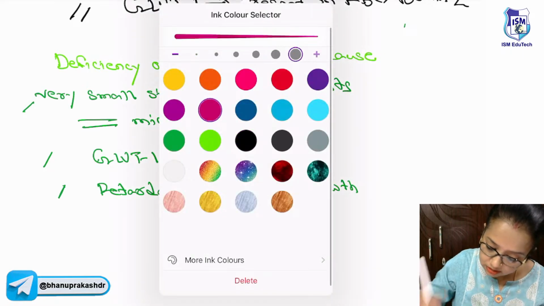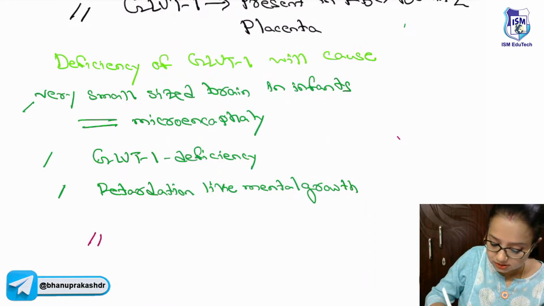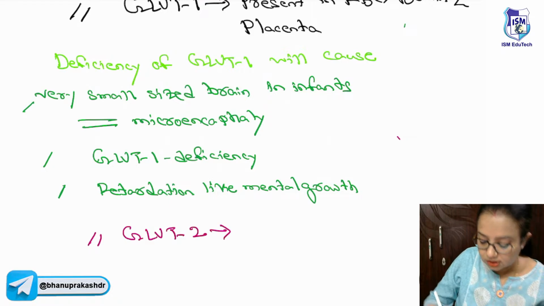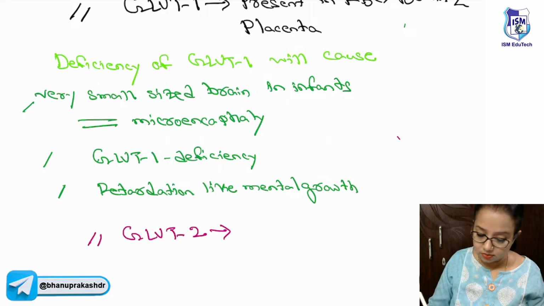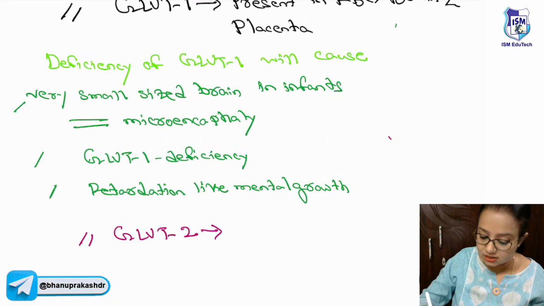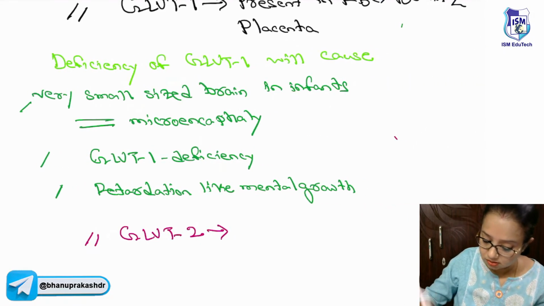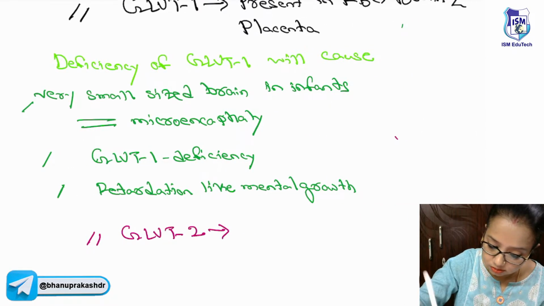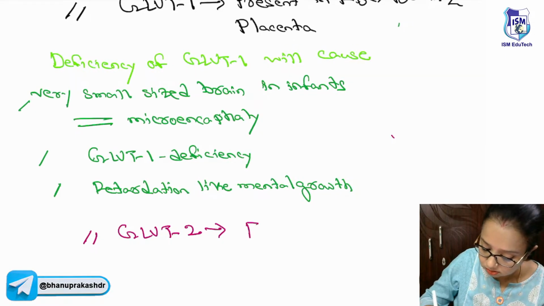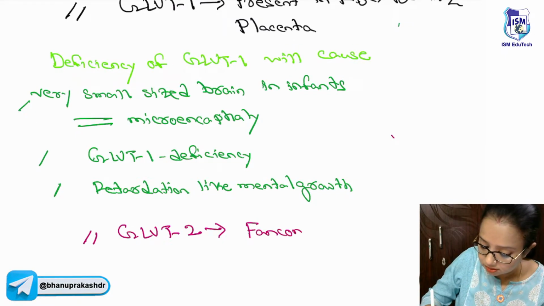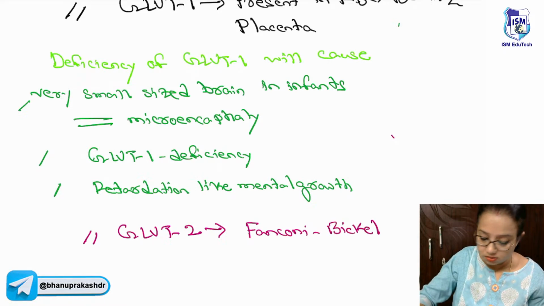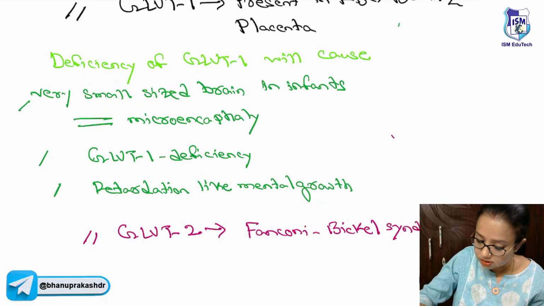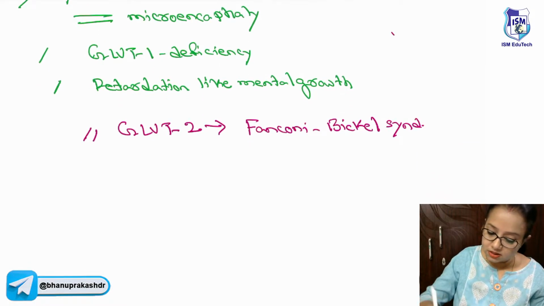If we talk about the second isomer, that is GLUT2. If there is a mutation in this GLUT2 carrier protein, there will be a condition called Fanconi Bickel syndrome. Now, what is Fanconi Bickel syndrome?